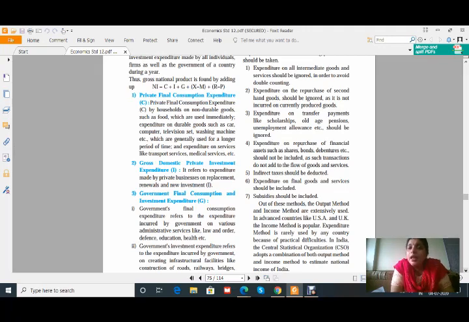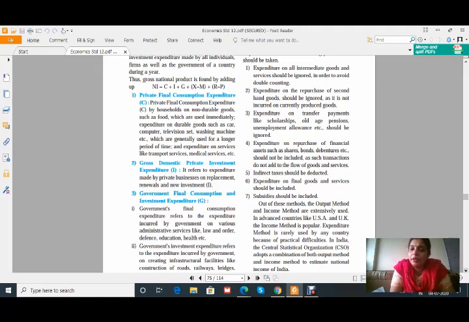The fourth one is expenditure on repurchase of financial assets such as shares, bonds, debentures. As such, there is no physical exchange, or we cannot see the physical number of shares, bonds, debentures, and one share can be purchased or sold so many times, and therefore it has not been included into the national income.